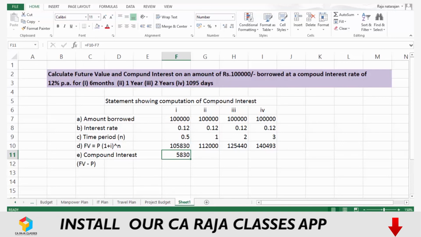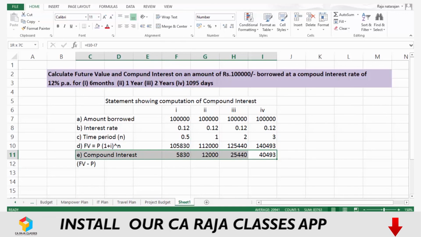If I copy paste for the second one, I'll get compound interest as 12,000. For the third case, it is 1,25,440 minus 1 lakh, so it is 25,440. And in the fourth case, it is 1,40,493 minus 1 lakh, so I get my compound interest.